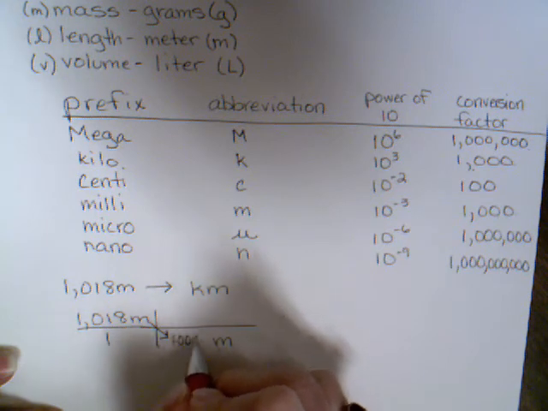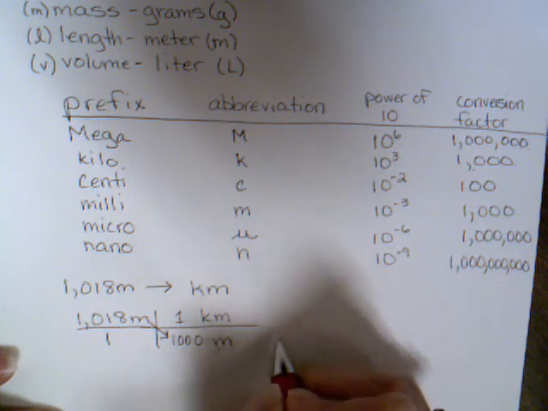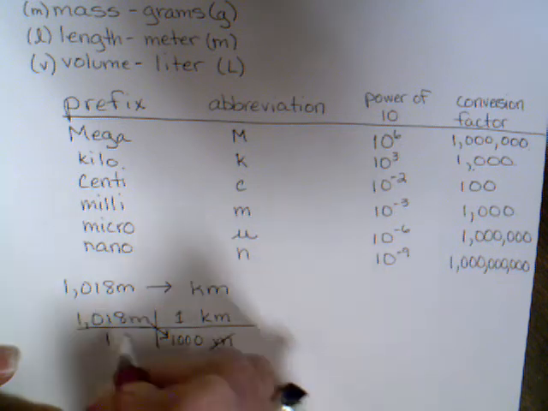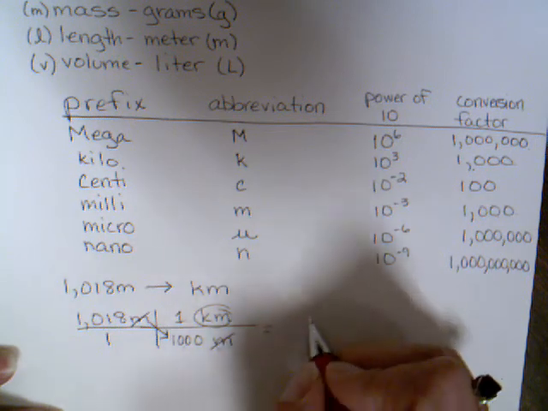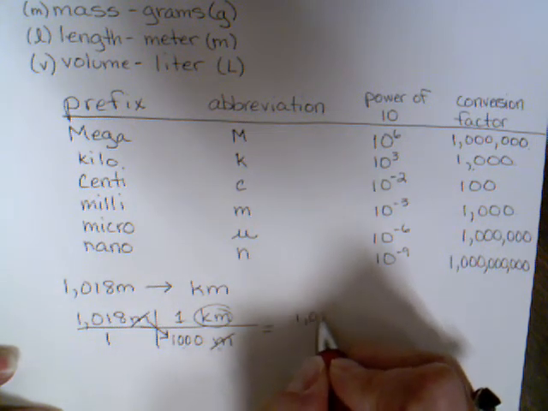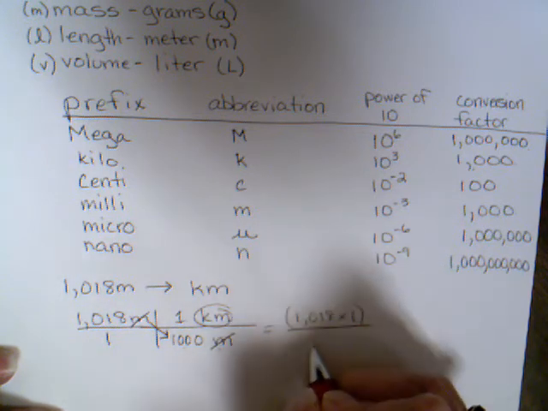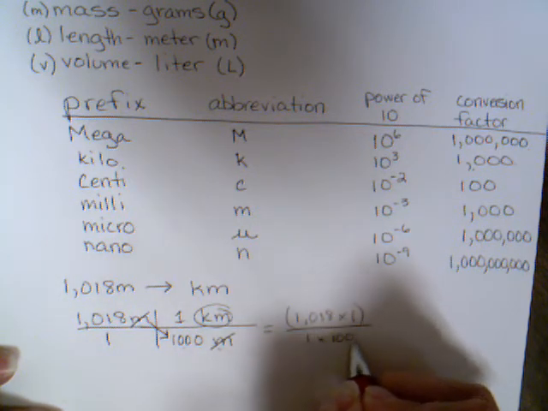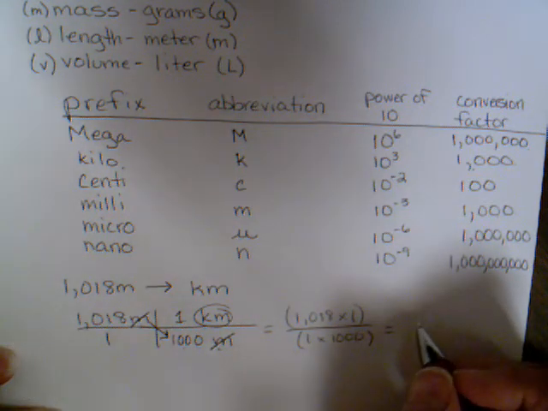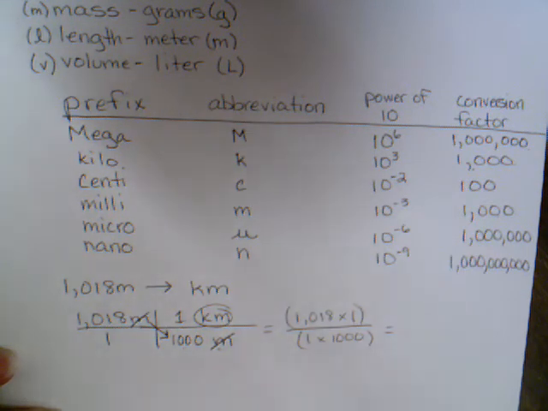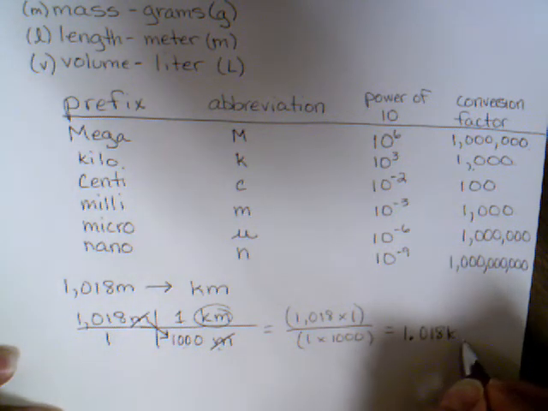So the 1,000 is going to go down here. 1 kilometer goes up top. We cancel out our units. We do have a kilometer here. We multiply the top with parentheses, and we divide by the bottom with parentheses, and that gives us 1.018 kilometers.